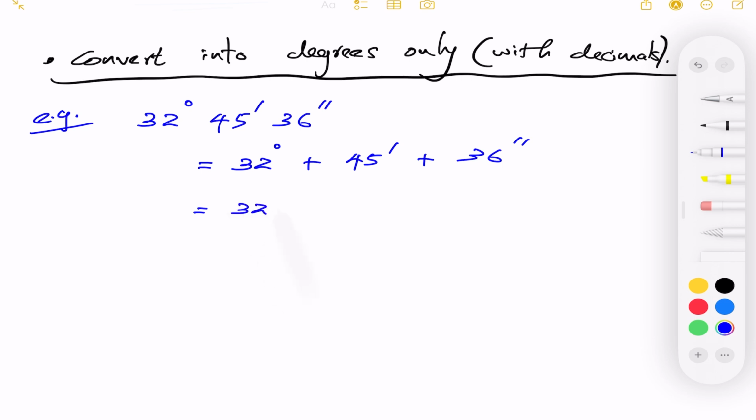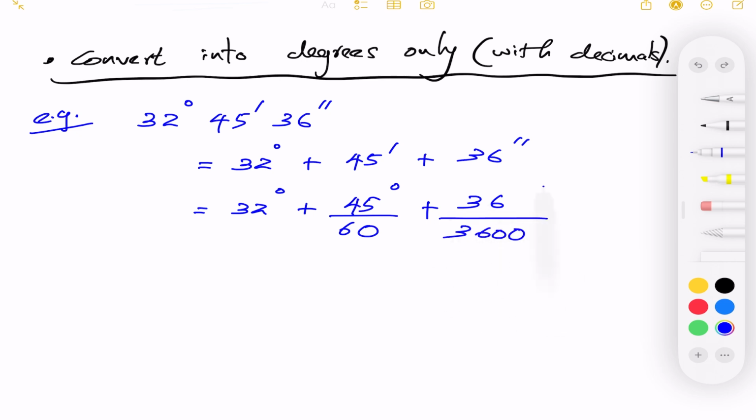32 degrees will stay as it is. 45 minutes. In order to convert minutes into degrees, I need to divide by 60. So it will be 45 over 60 degrees. Plus, we have 36 seconds. In order to convert seconds into degrees, we need to divide this 36 by 3600.